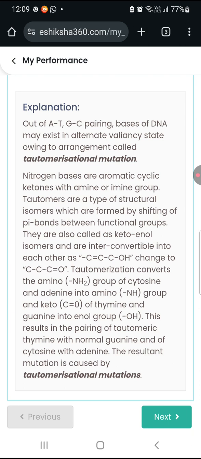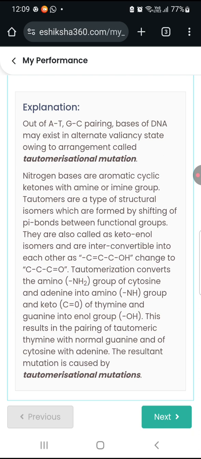A change to tautomerization converts the amino group of cytosine and adenine into an imino group, and the keto group of thymine and guanine into an enol group, OH.